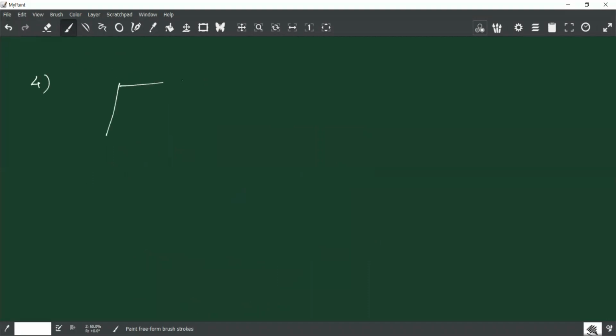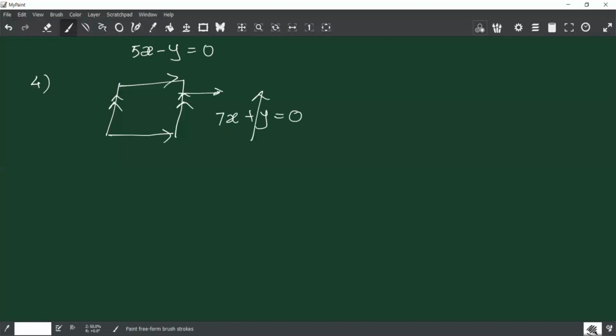The sides of the parallelogram, ये parallelogram दिया है. दो साइड्स हैं, एक साइड है which is parallel to 5x minus y is equal to 0 और ये एक साइड है 7x plus y is equal to 0. एक ये लाइन को पैरेलल है और एक ये लाइन को पैरेलल, सॉरी, मतलब ये इसका और इसका स्लोप है. अगर मैं इसको नाम दे दूं ABCD, it is a parallelogram.